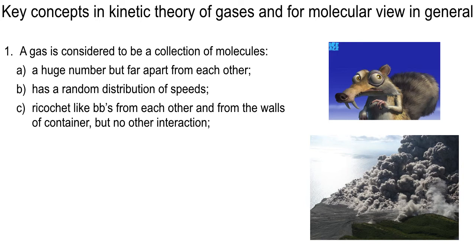So that's how we kind of envision molecules. Now, if you model a single molecule interacting with one other molecule, then you would not model them as billiard balls. But on average, it's not a bad approximation.